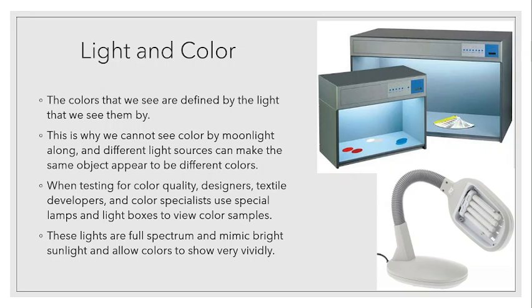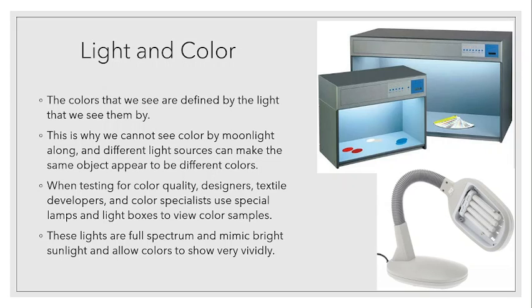Firstly, whenever assessing color, the correct light should be used. Light and color are tied together. The colors we see are defined by the lights that we see them by. This is why we cannot see color by moonlight alone, and different light sources can make the same object appear to be different colors.